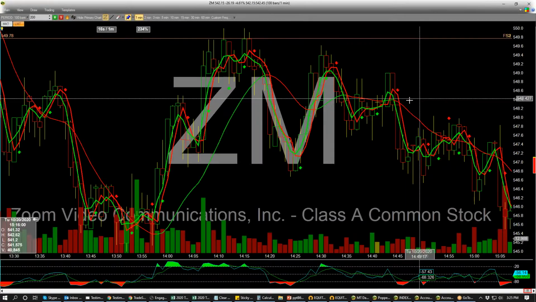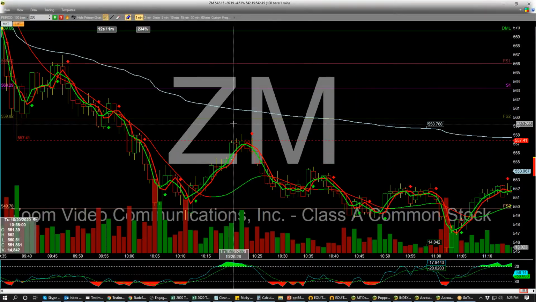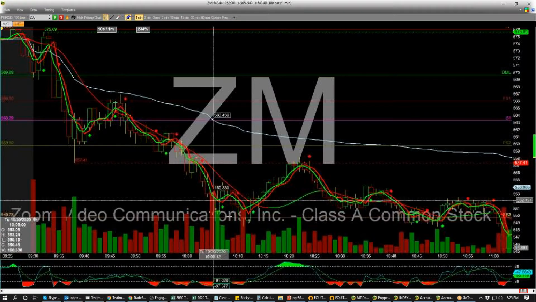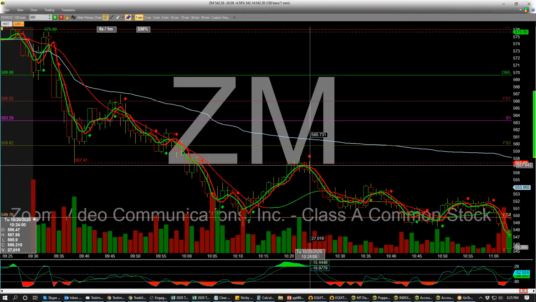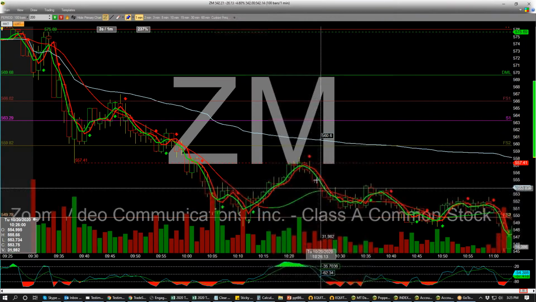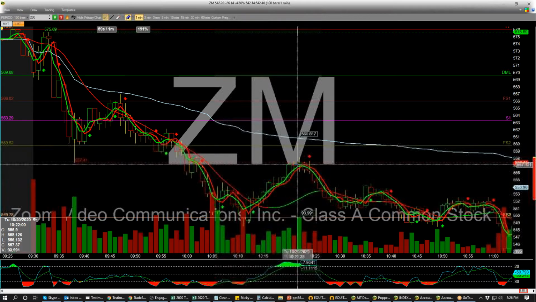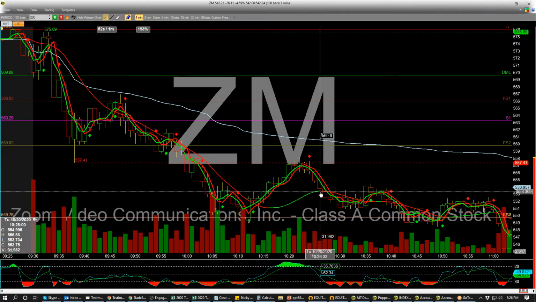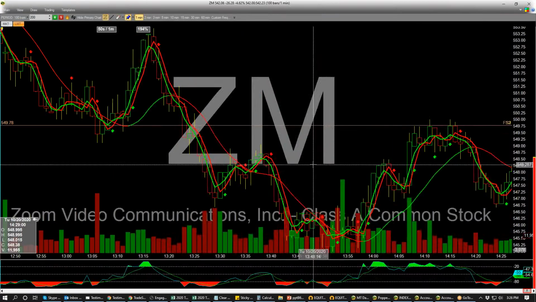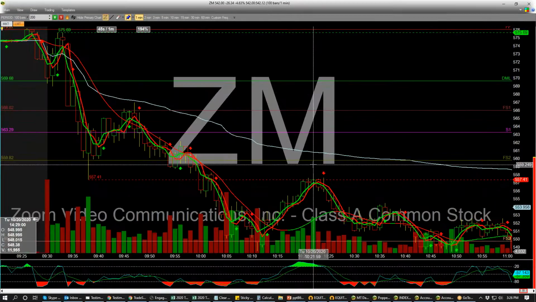Not everyone wants to trade Zoom, but if we use Zoom as an example, if you shorted the open on Zoom and then you picked up 20 points, and then you got long through here and you probably got out when that rolled over, you made somewhere around 3 points. You might have made a little less if you waited for this to roll over and turn, but you still would have made some money, right?